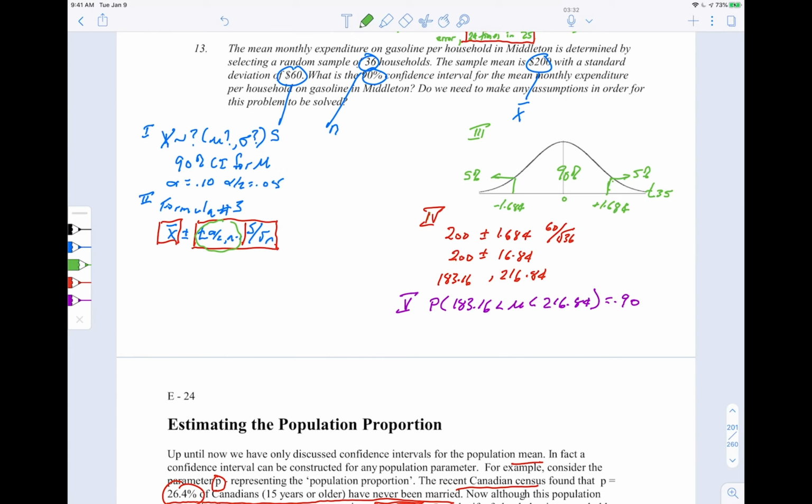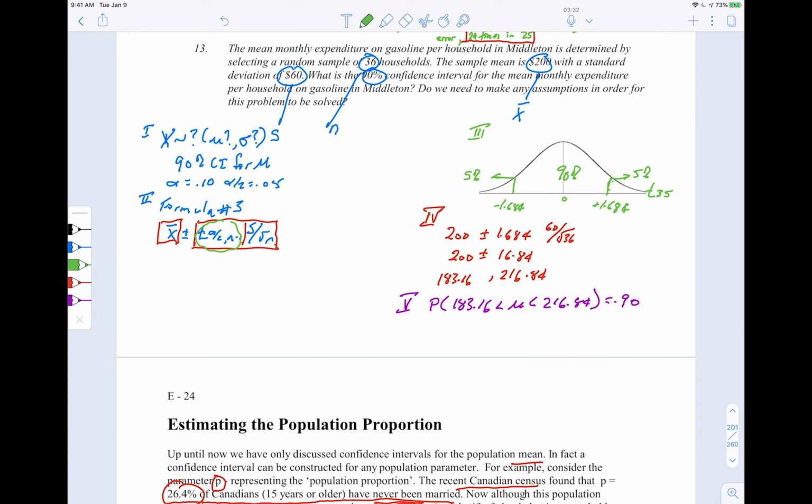The mean monthly expenditure on gasoline per household in Middleton is determined by taking a random sample. So we're talking sample, so that 36 is a little n, and then we get a sample mean, that's an x bar of 200, and a sample standard deviation, which is an s of 60. And then we're looking for a 90% confidence interval for the mean.